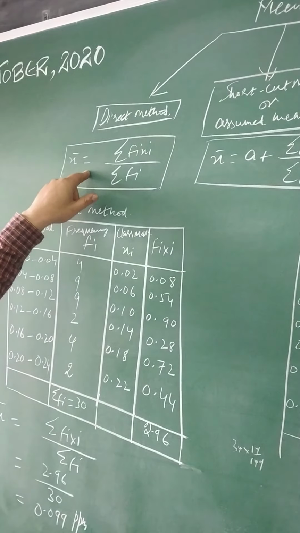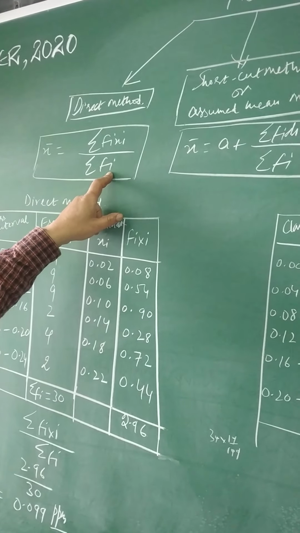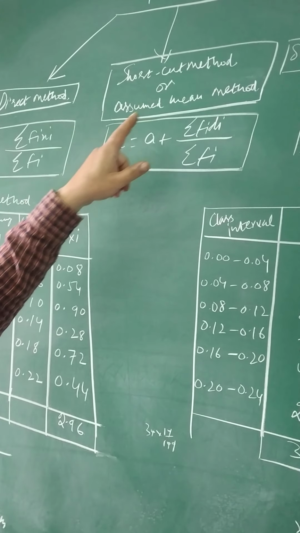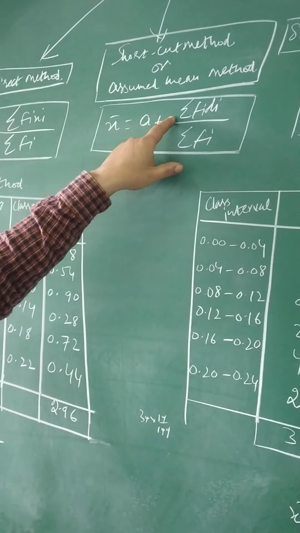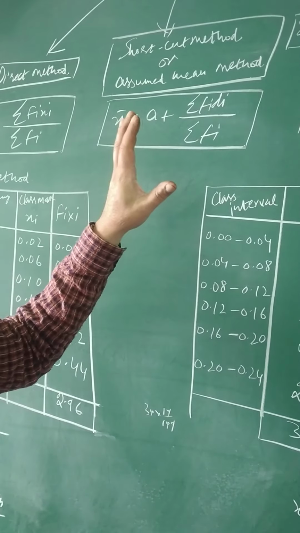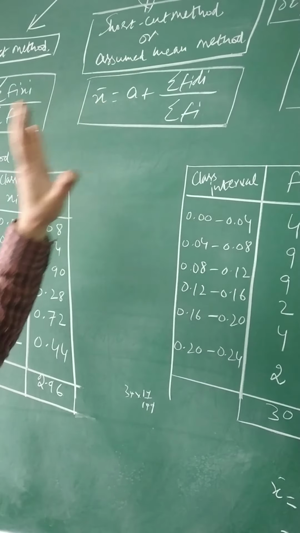X bar is equal to sum of fi xi divided by the sum of all the frequencies. This is the assumed mean method, or shortcut method or deviation method: x bar is equal to a plus sum of fi di divided by the sum of all the frequencies. This is the formula for the shortcut method.